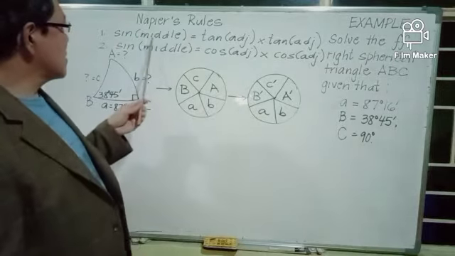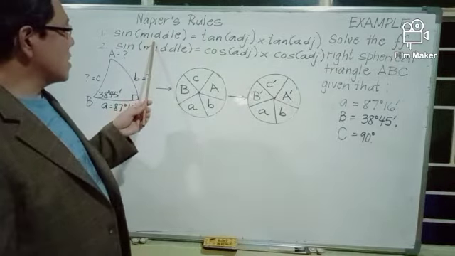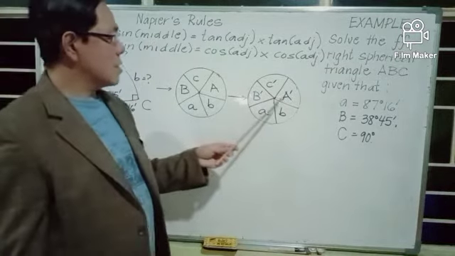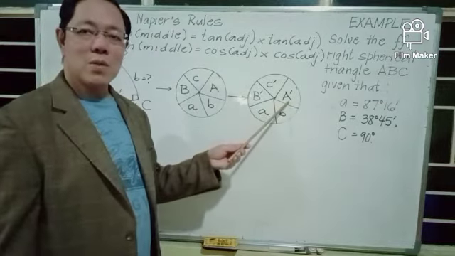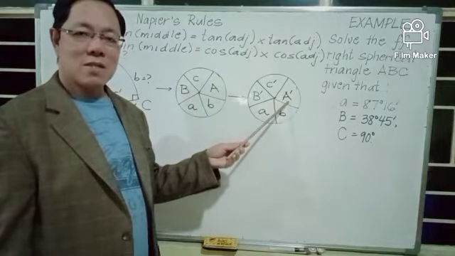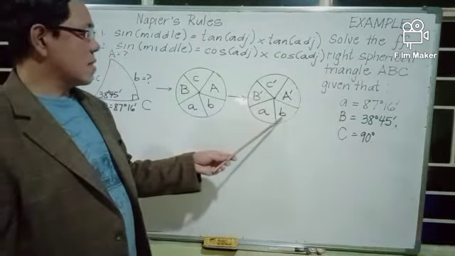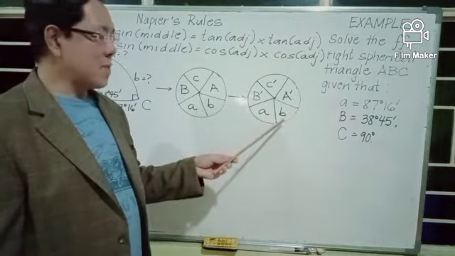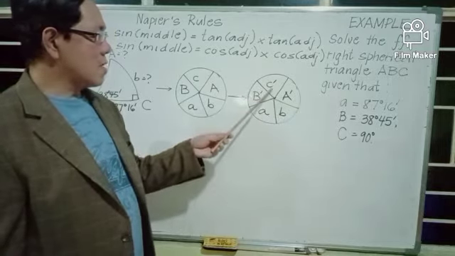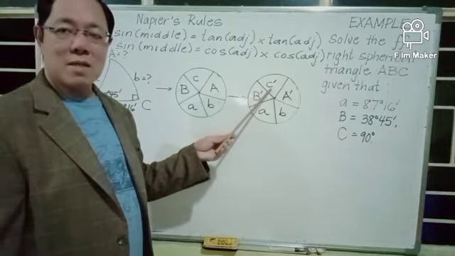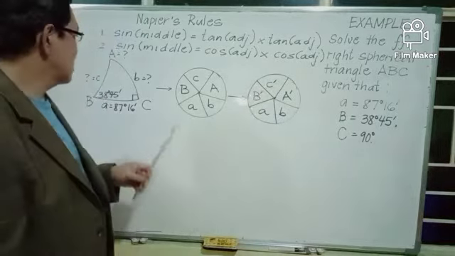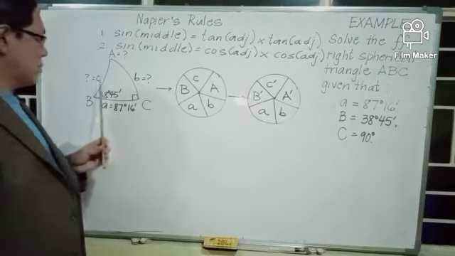Now, if we use the first Napier's rule, the sine of the middle part is equal to the product of the tangents of the adjacent parts. But these adjacent parts B and C prime and C are not known. They are also unknown.